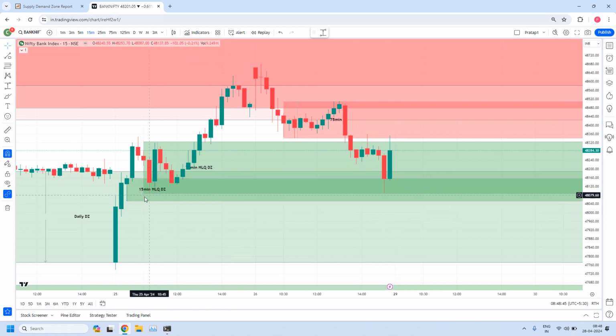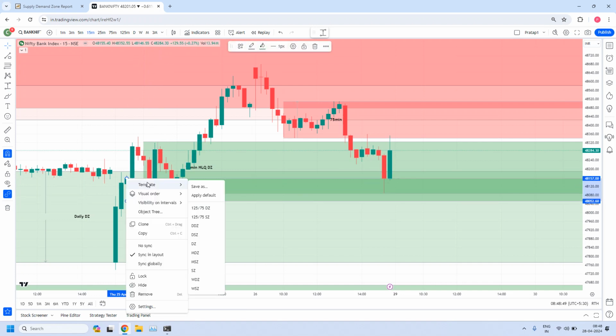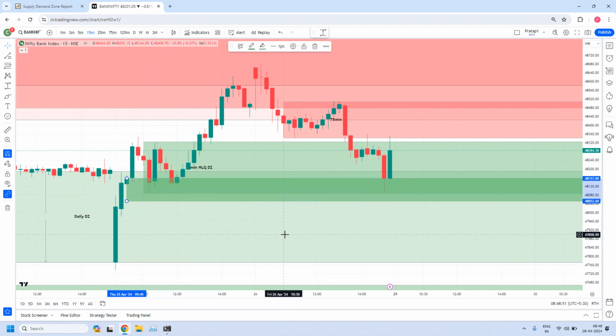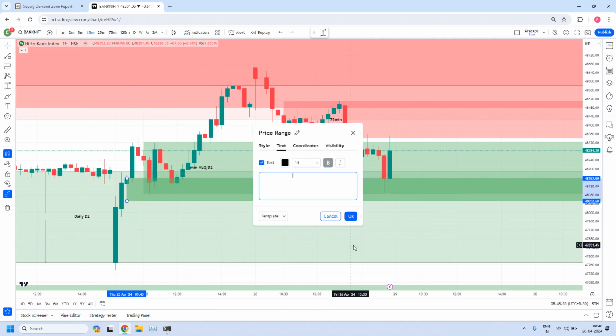But the order flow is picking from the 15 minutes high liquidity demand zone. From this area, it is picking the orders. This is the main reason.